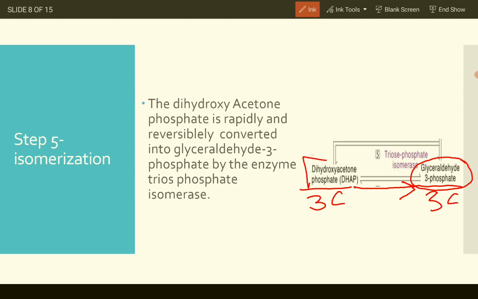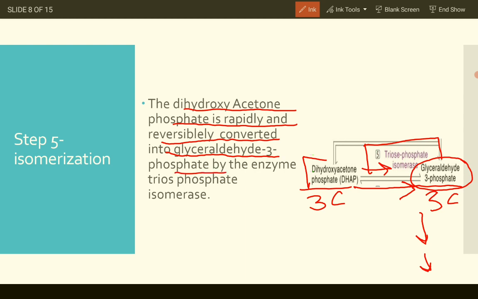So this molecule is converted into glyceraldehyde 3 phosphate for further reactions to occur, right. And this occurs through the enzyme triose phosphate isomerase, right. So the dihydroxyacetone phosphate is rapidly and reversibly converted into glyceraldehyde 3 phosphate by the enzyme triose phosphate isomerase.